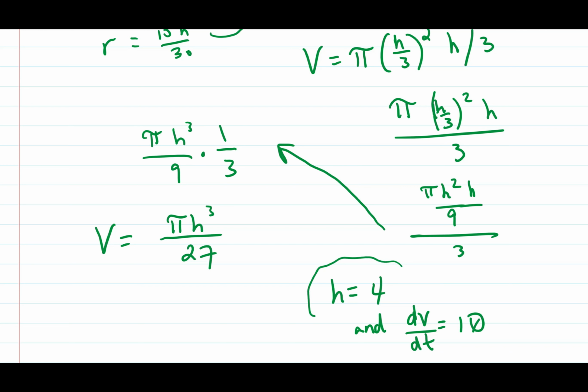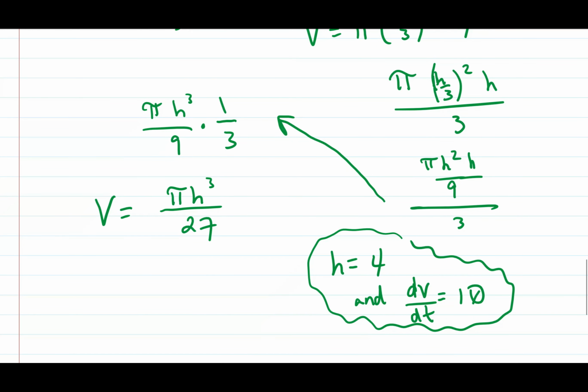All right, so what I've just written over here to the right is the given information from the word problem. They're telling us that 4 centimeters they gave us, and they gave us that 10 cubic centimeters per second. So we're going to plug that in and take the derivative of both sides.